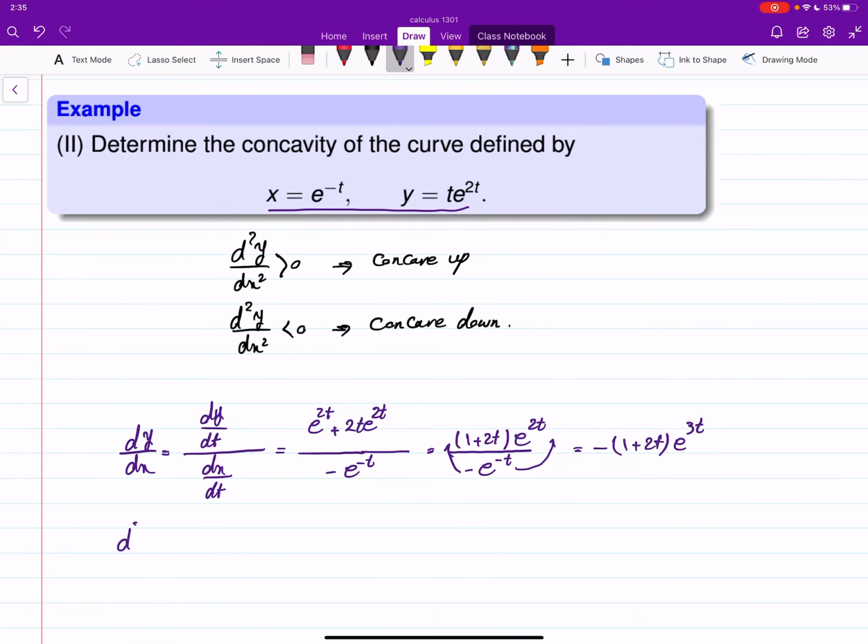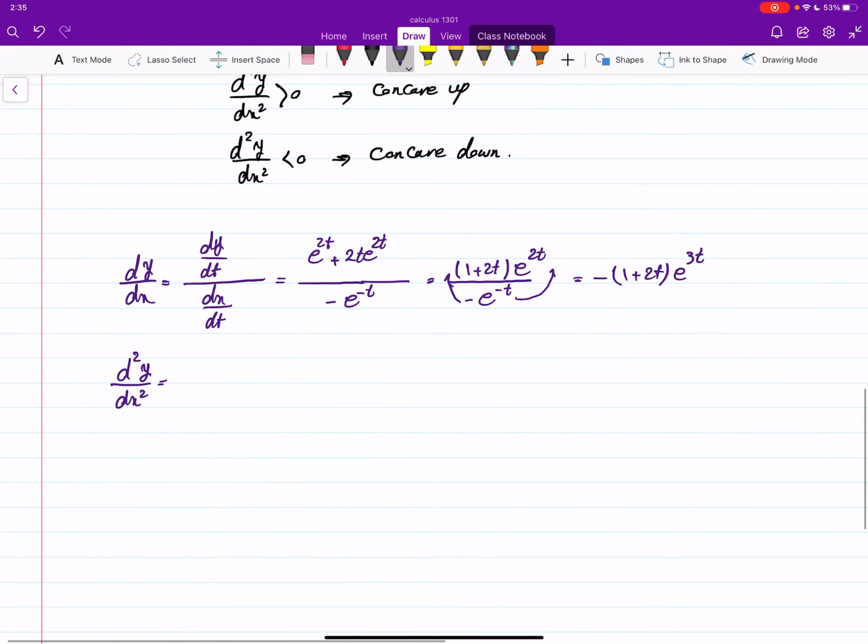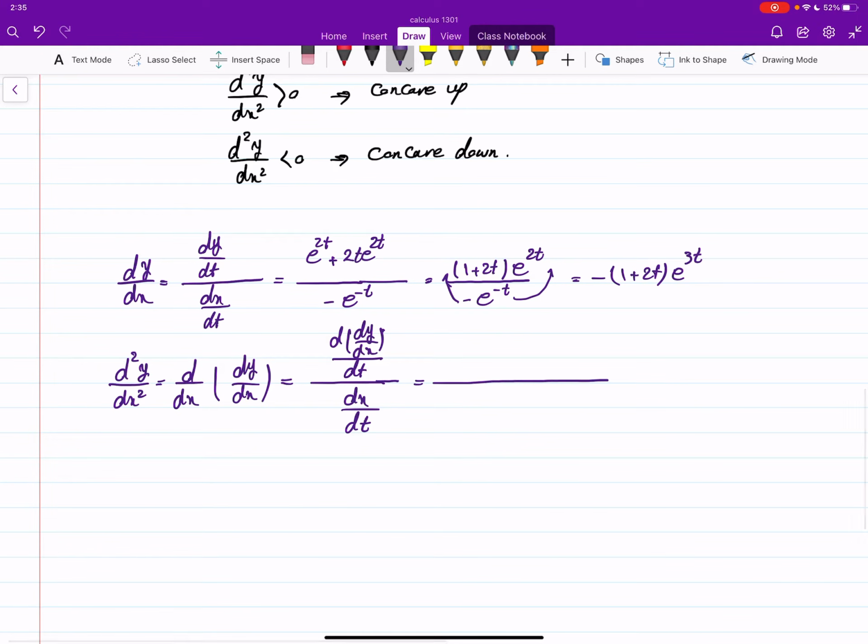Now we are looking for the second derivative. It means that we have to find the derivative of the first derivative. You differentiate the first derivative with respect to t and divide it by the derivative of x with respect to t. Let me write it in a different color.